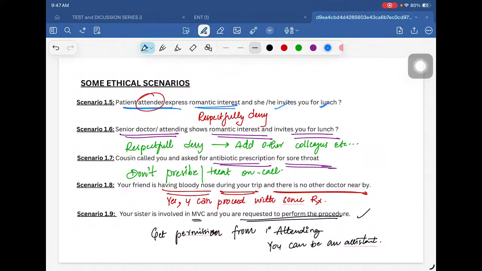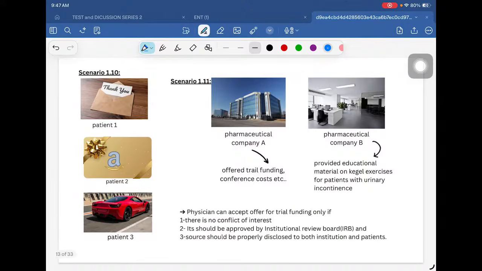So that's about some of the ethical scenarios. Next, this is very interesting. You have 3 patients. Patient 1, after you've treated them, felt very happy and gave you a thank you note. Patient 2 gave you an Amazon gift card of $10.